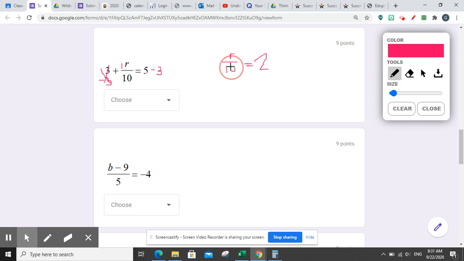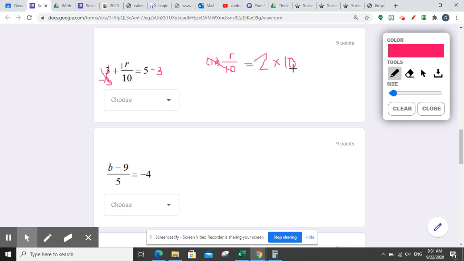Now I'm down to a one-step equation. What is in the way now? The 10. And this is a division bar. So what is the inverse of division? Right, multiplication. So I'm going to multiply by 10. This, I'm going to cancel out. What I do to one side, I got to do to the other.